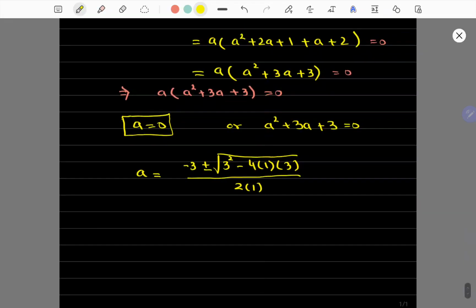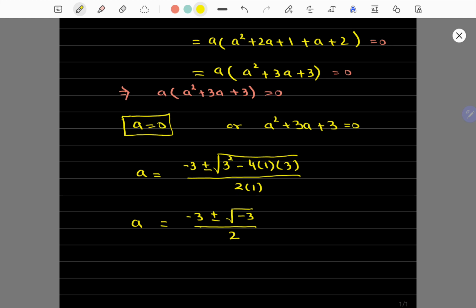So this is equal to -3 plus minus the square root of 9 minus 12, over 2.